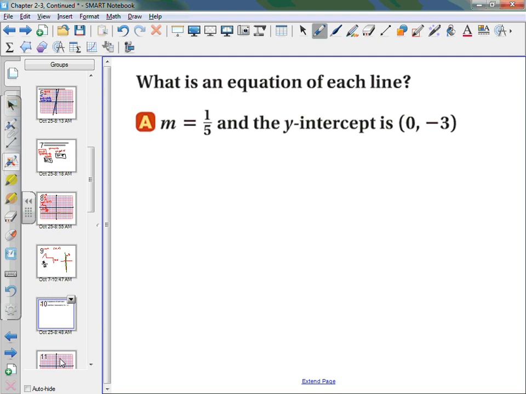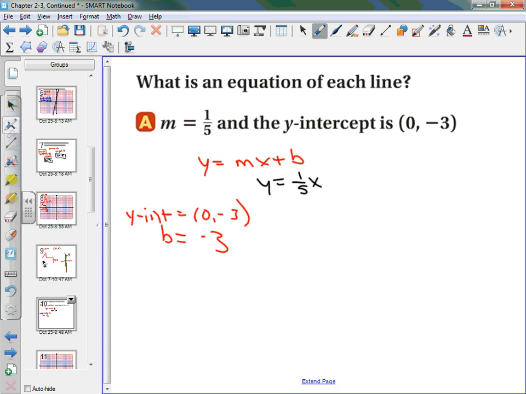What do I do? So what's my y-intercept? 0, -3. So what's b? -3. So now my equation is y is equal to 1/5 x minus 3. Do we see that? Okay, how do I graph that?